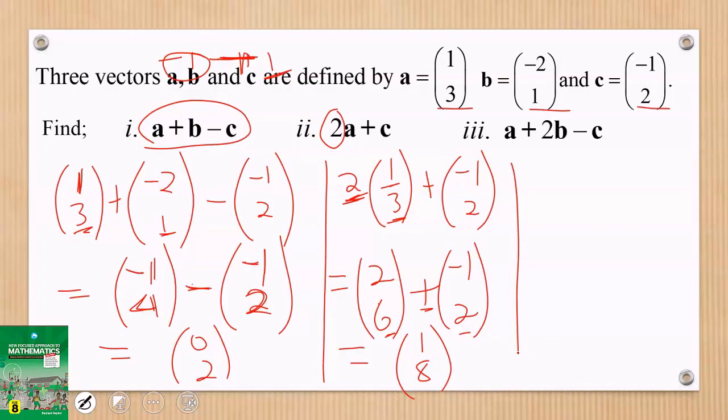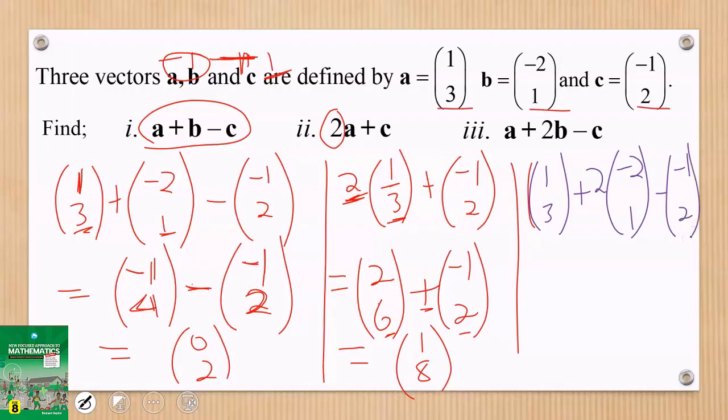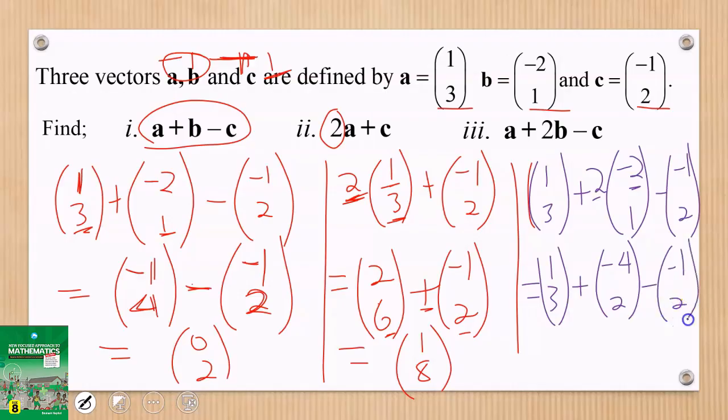Then finally we have A again, giving us (1, 3), plus 2 times B, and B is (-2, 1), minus C, which is (-1, 2). In simplifying this, I'll keep my (1, 3), and then I can multiply the scalar to get (-4, 2), then minus (-1, 2).